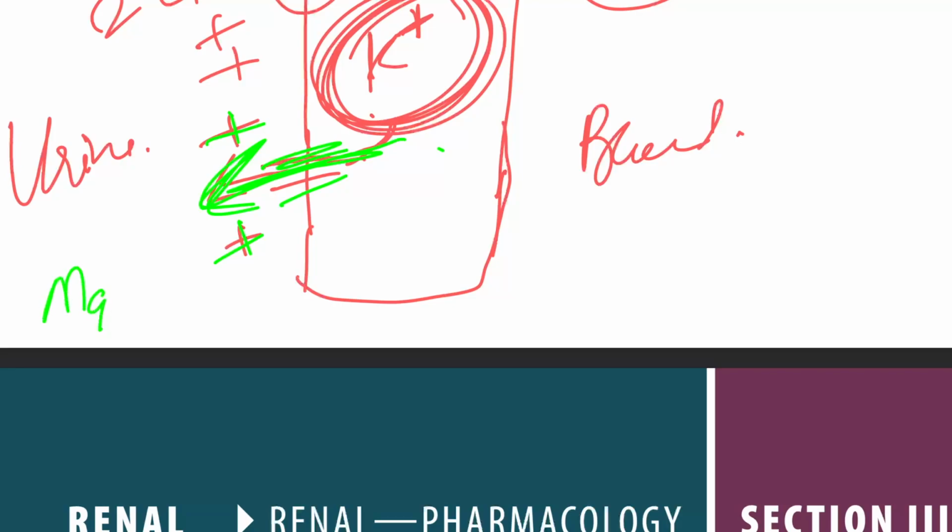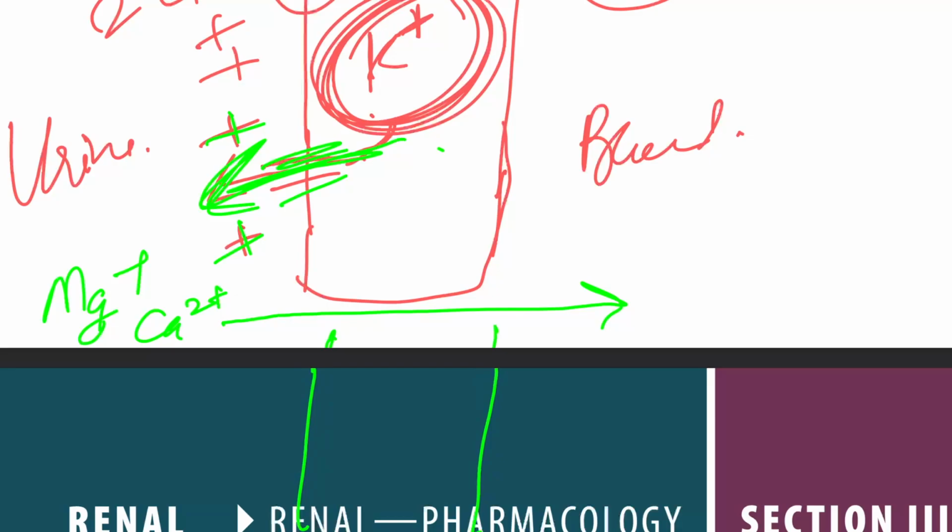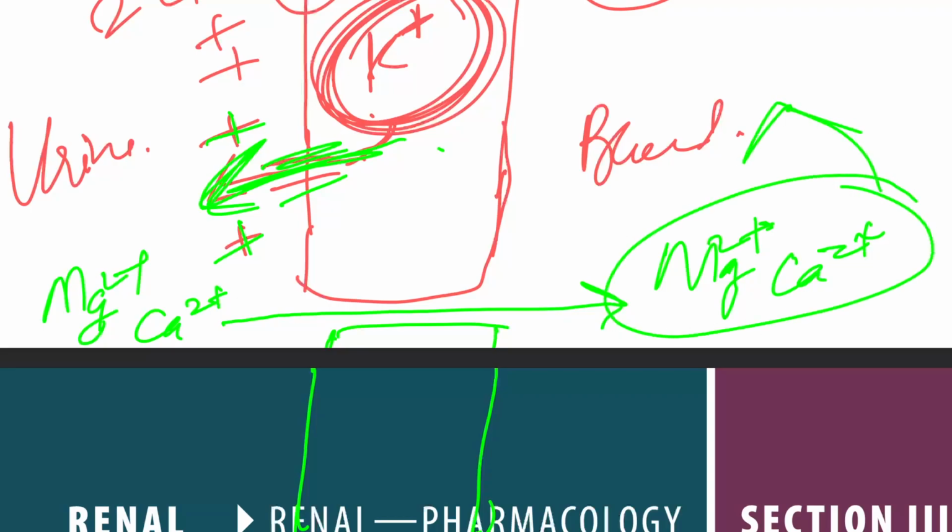Magnesium and calcium are positively charged, so they repel the positive potential. This causes paracellular transport, meaning between two cells, of magnesium and calcium, and they get reabsorbed into the blood.